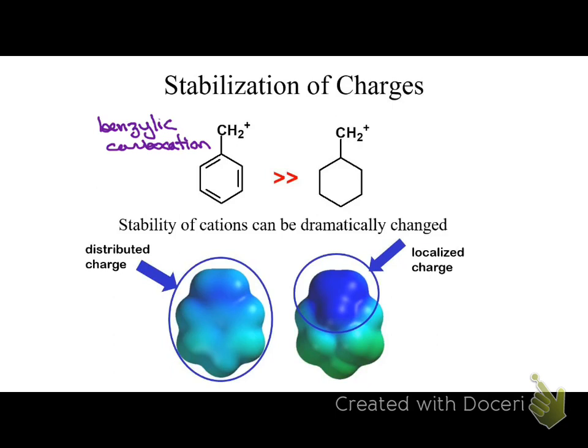So it's a carbon not on the benzene ring, but it's a carbon next to the benzene ring. And this is what the electrostatic potential maps look like for the benzylic carbocation versus that methyl carbocation on that cyclohexane ring.